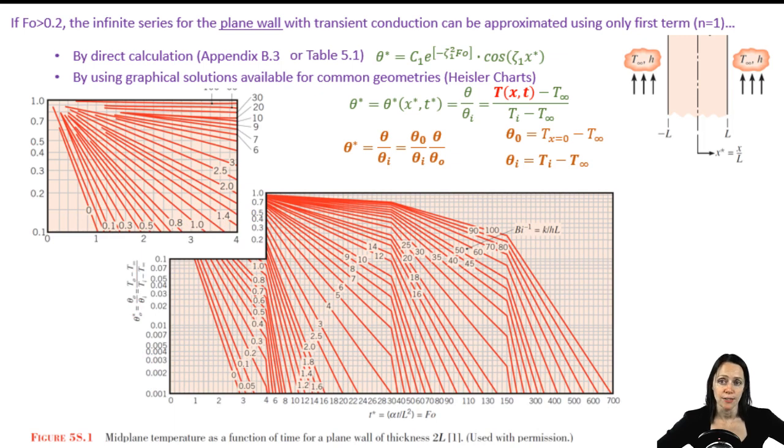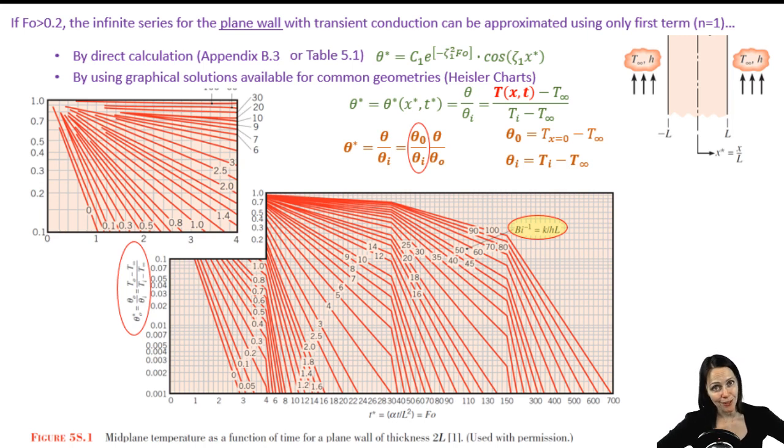This is one of our Heisler charts. It's applicable for transient conduction within a plane wall of thickness 2L, as shown in the top right picture. Notice that you can get theta naught over theta initial from this chart. And to read this chart, you need to calculate your 1 over your Biot number.